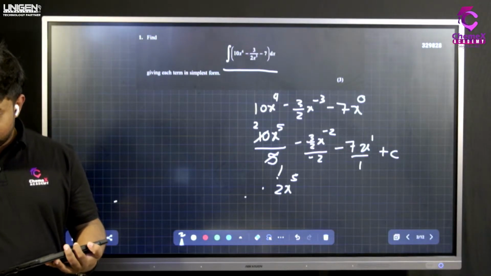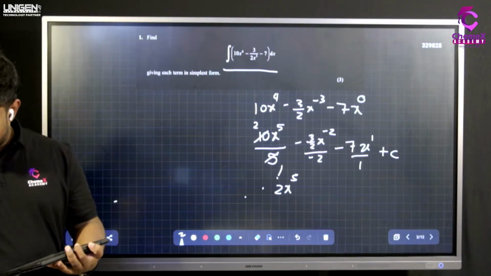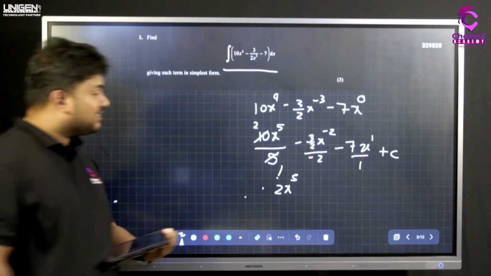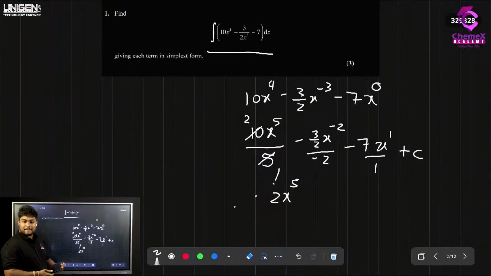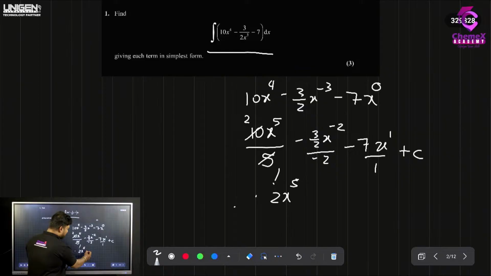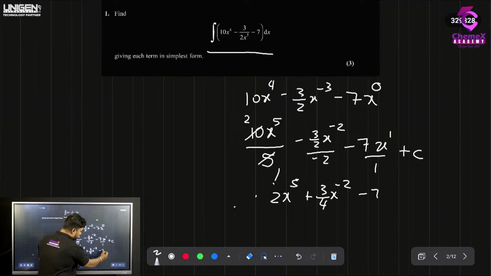Anyone can unmute and answer. That's the answer: plus 3 over 4 x to the power minus 2 minus 7x plus c.